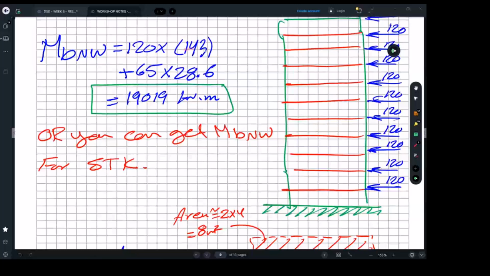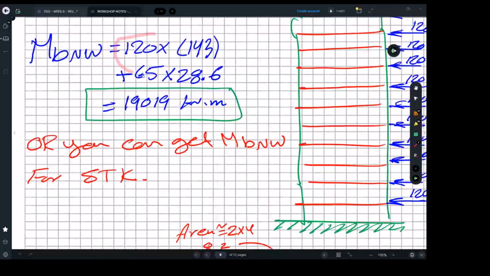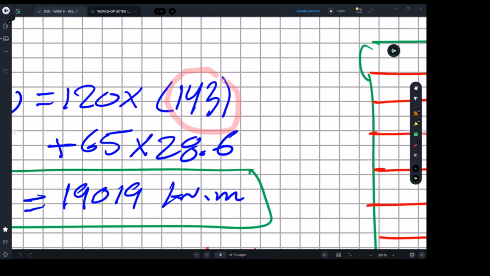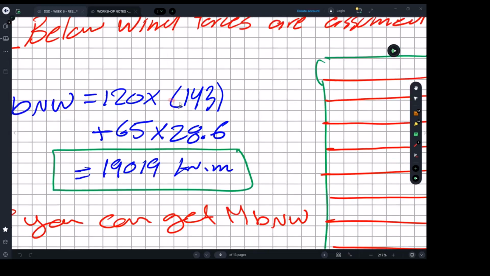And I didn't do that. I just know the 120 will be multiplied by this height, plus this height, plus this height, plus this height, plus this height. So this number here, 143, is just our cumulative calculation for the height. If you want to do it piece by piece, so be it. It's just going to be right.